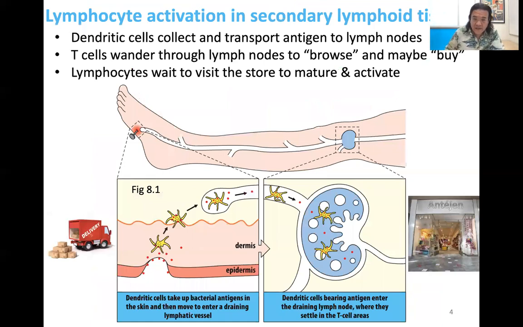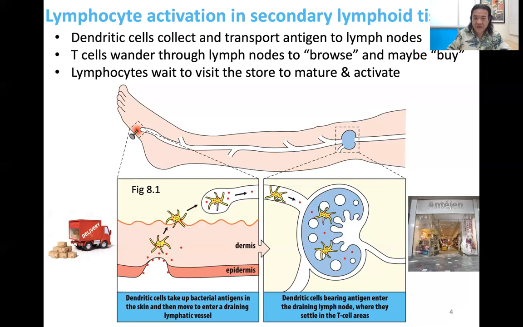A lot of this idea of how antigens get concentrated into places like lymph nodes, and how, when lymphocytes come to these lymph nodes, they are presented these antigens, is very much like this example of a store and how products need to be delivered to the store and then advertised, or displayed, for shoppers like yourself wandering through the mall to actually have a chance to see it.